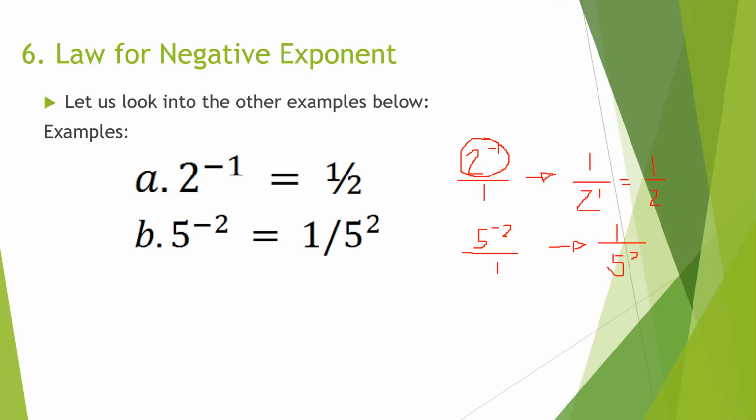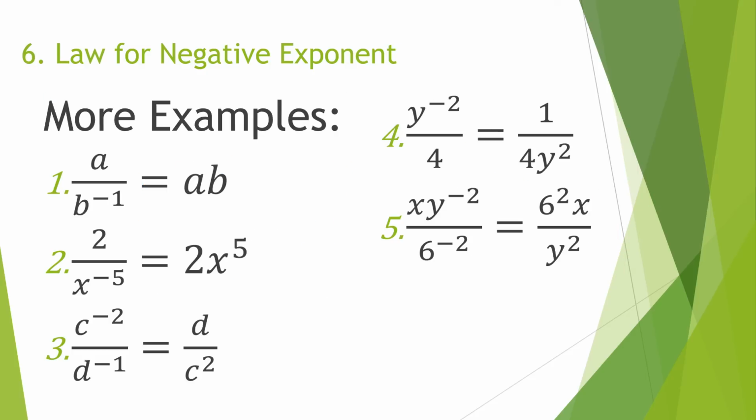So we have 1 over 5 squared. And for example C, we have x raised to negative 3. So get the reciprocal to make the exponent positive. It can be written as 1 over x cubed.